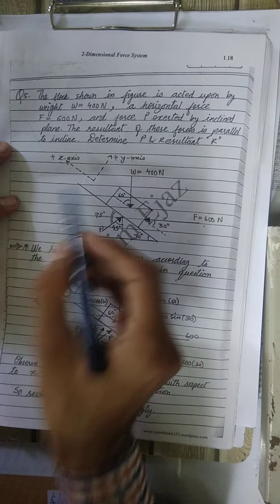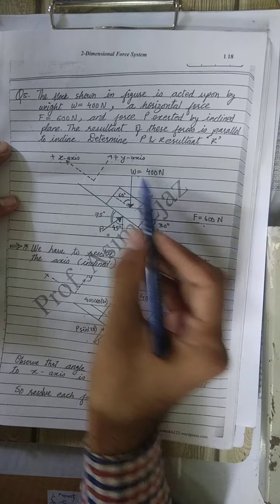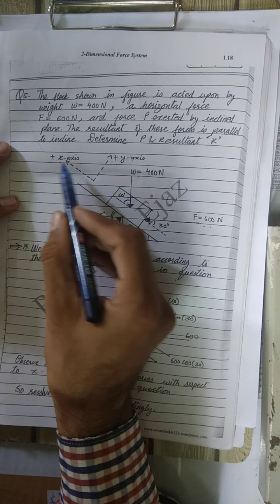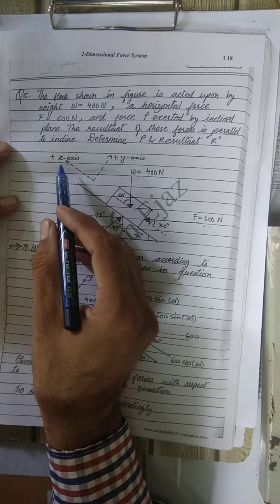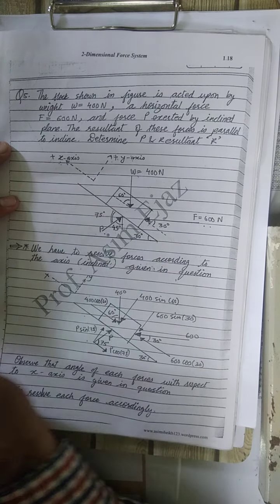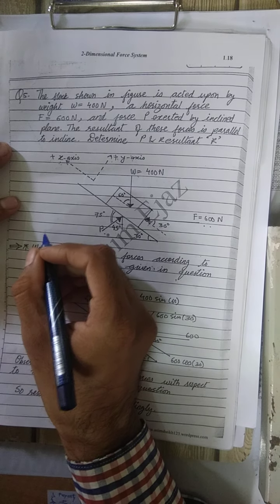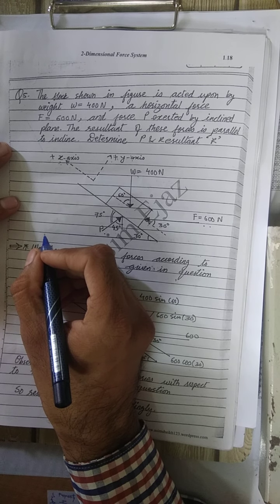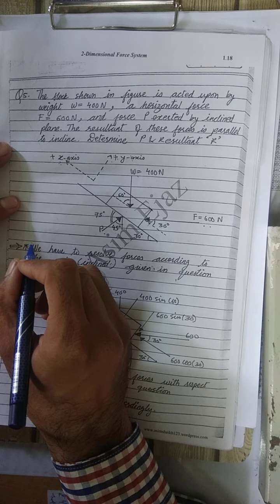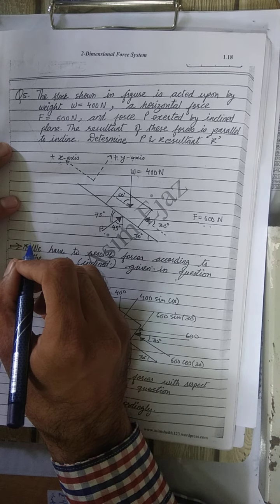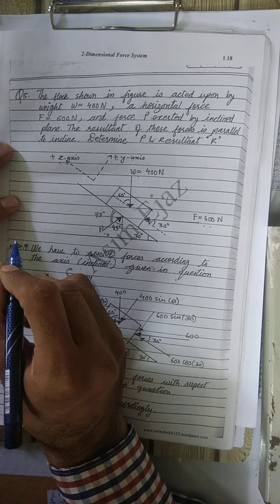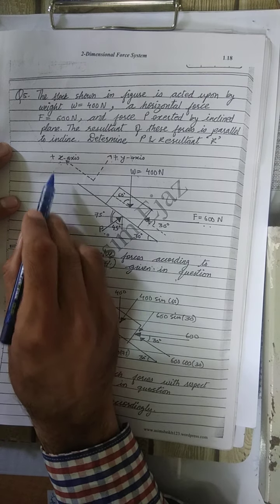That means we have to resolve the weight W Newton, the force 600 Newton and force P along these x and y axes. So always, for resolution of forces or while finding the x and y components, keep one thing in mind: you have to see the figure properly and along which directions we have to resolve the force.